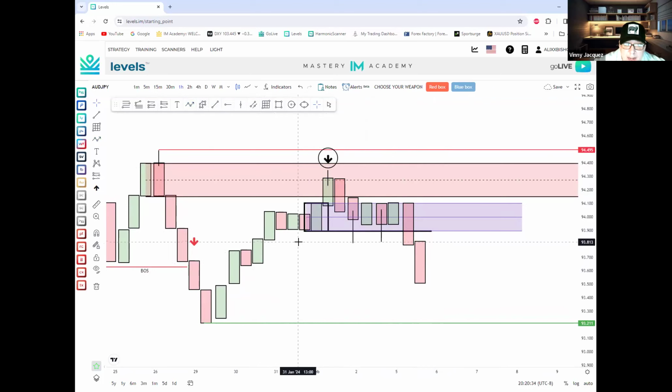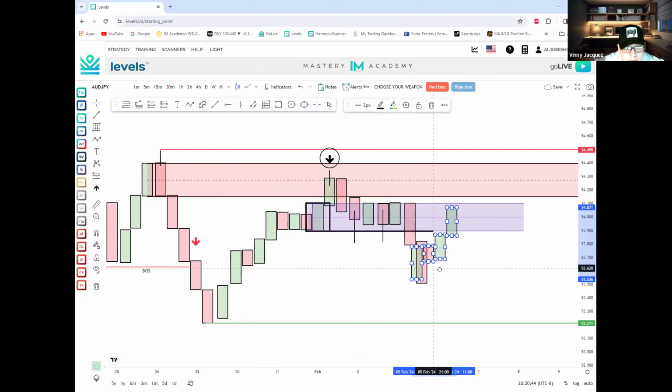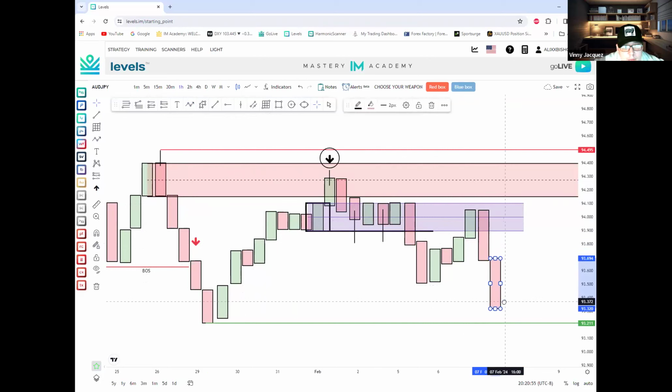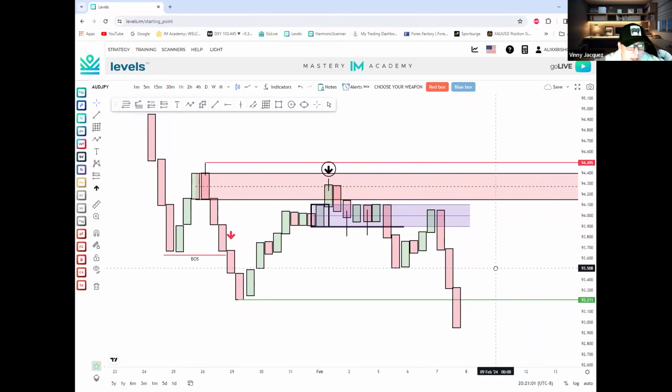That's triple confirmation right there. So as market comes back up for us, boom. Market comes back up and starts going our way. It gives me that nice retest and then goes our way.